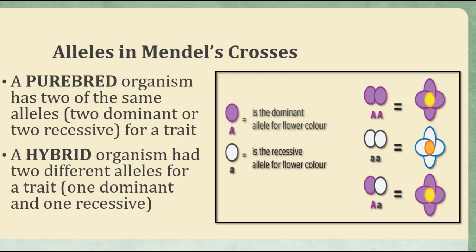So the purebred purple flower has 2 uppercase A's, and the purebred white flower has 2 lowercase a's. But the hybrid has 1 uppercase or dominant allele and 1 lowercase or recessive allele. And the color that you see, the trait that you see, is purple.